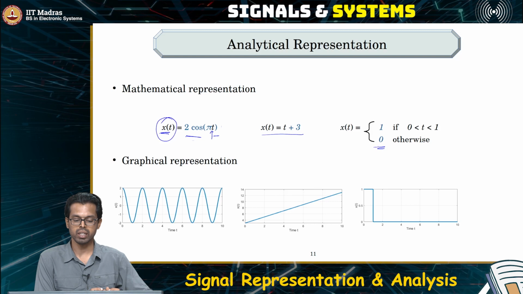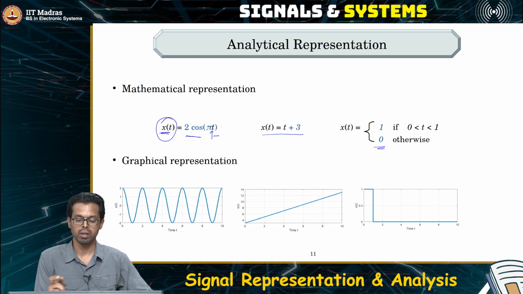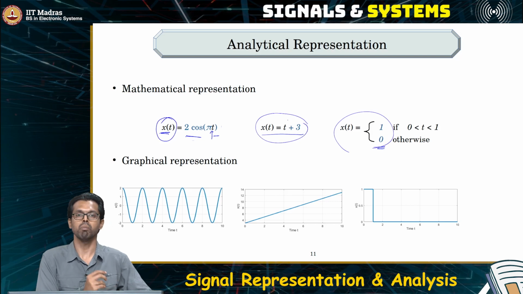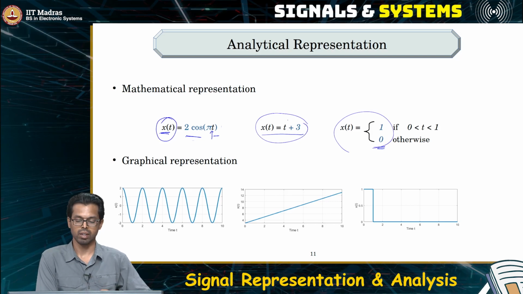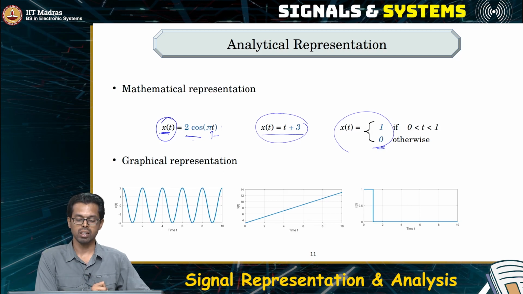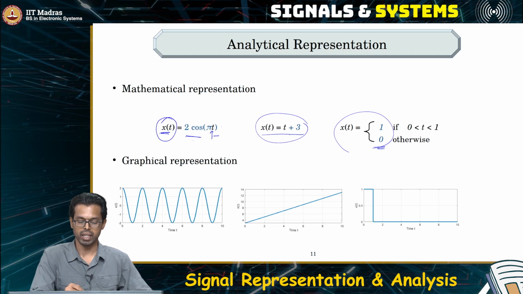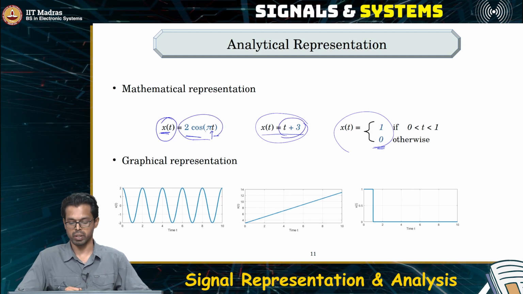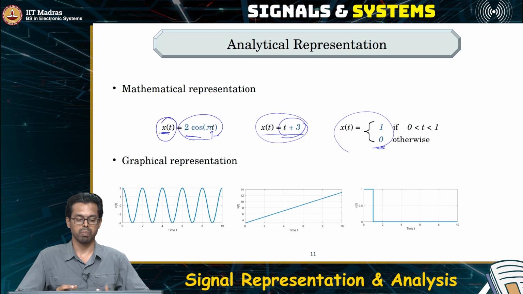And how are we capturing all the information in this function? By writing a mathematical equation, or what we call a model, a representation. We just say that the function or the signal depends on time in this manner, and that manner is captured by this equation or representation.